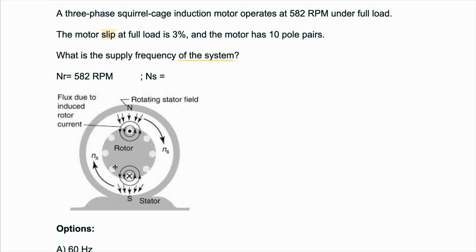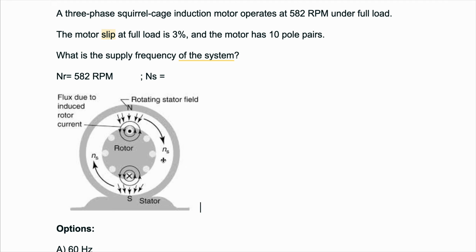Because of the turning of the field, we have induction in the conductors of the rotor, and because of that we have current in the rotor conductors, and because of that current we have another small field from the rotor, and this field follows the stator's field.